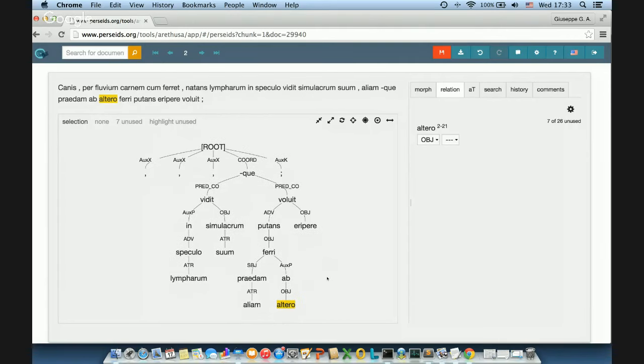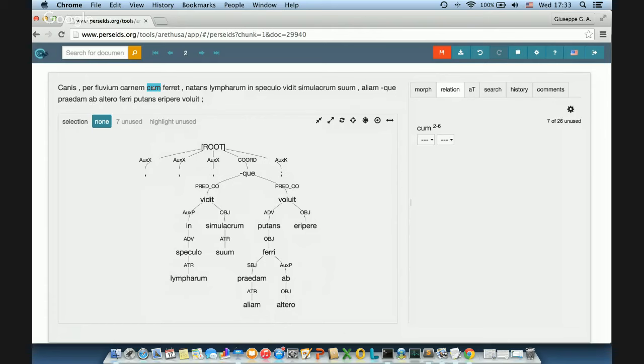Right. So again, let's go on here. What about this clause, while he was bringing some meat through a river? An interesting question might be, what's the scope of this clause?